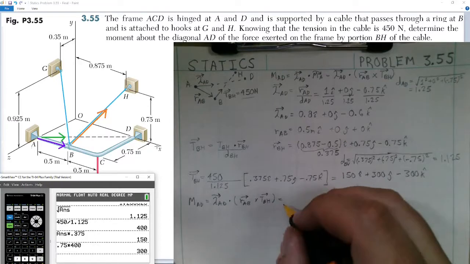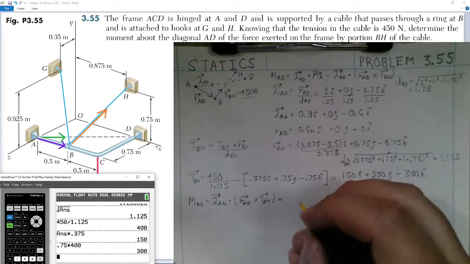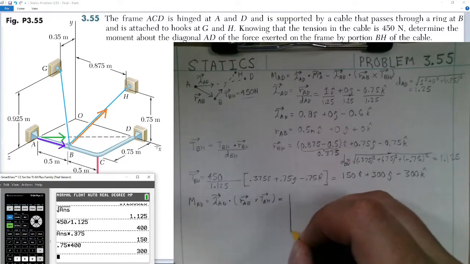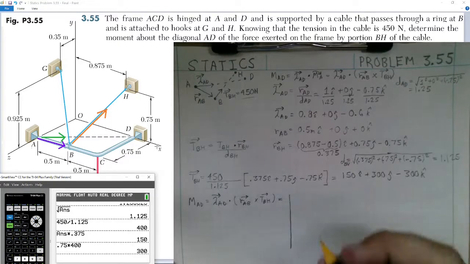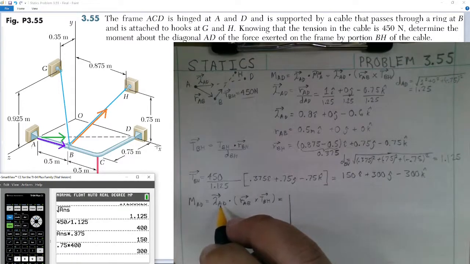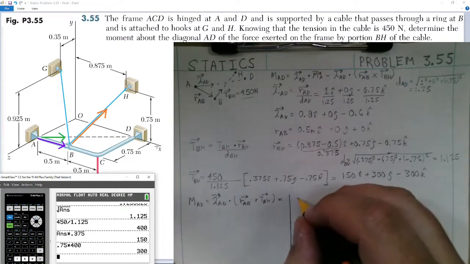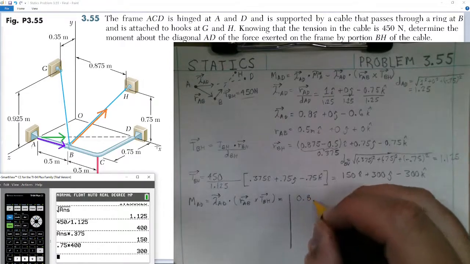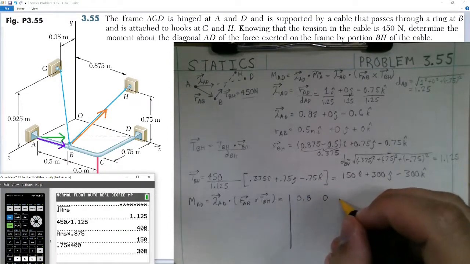This will become the determinant of our matrix. So we have the determinant. Across the top, we have our unit vector A to D. So in the i hat column, we have 0.8. j hat column, we have 0. And k hat, we have negative 0.6.